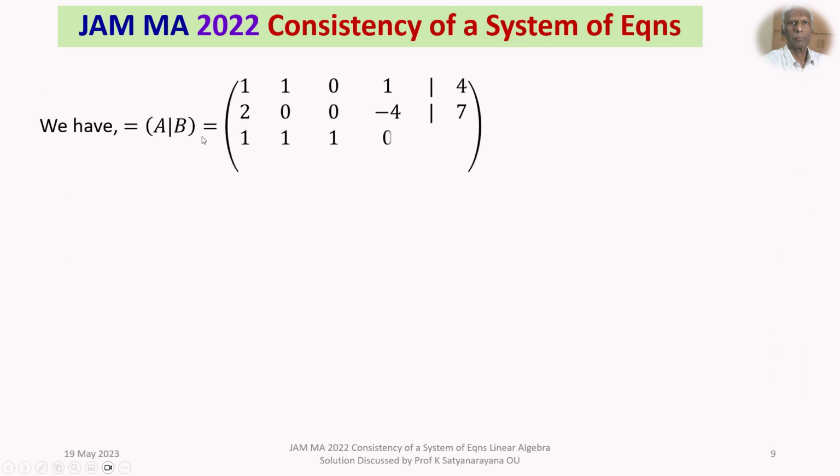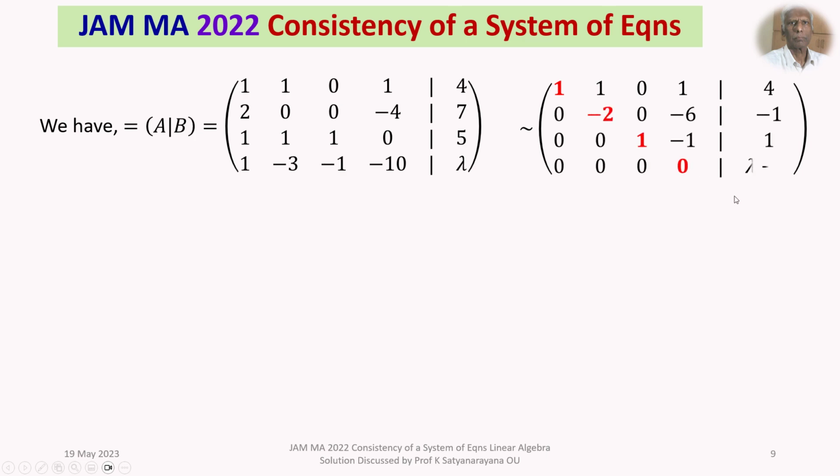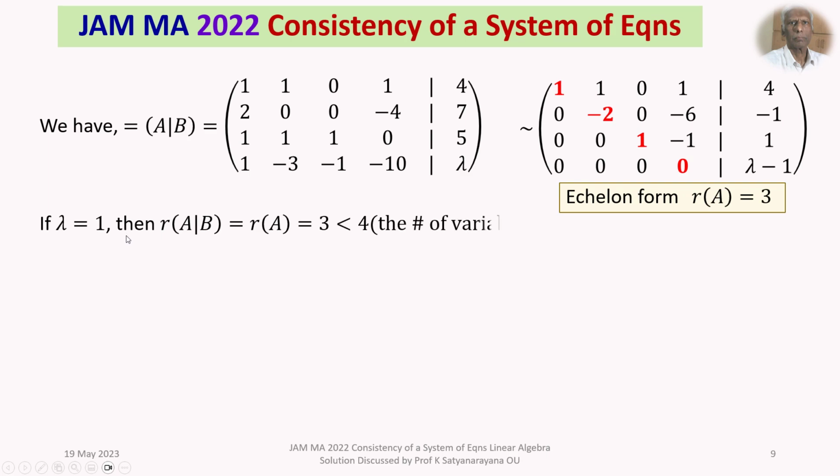We have the augmented matrix and reduce it to the echelon form, and the rank of the coefficient matrix is 3. Now, if lambda is equal to 1, suppose lambda is 1, then lambda minus 1 will be 0. So, this fourth row is completely a 0 row.